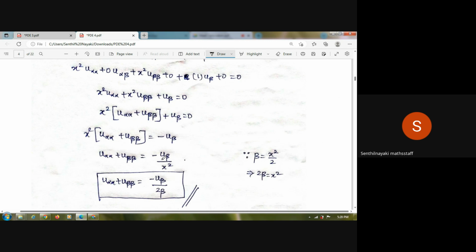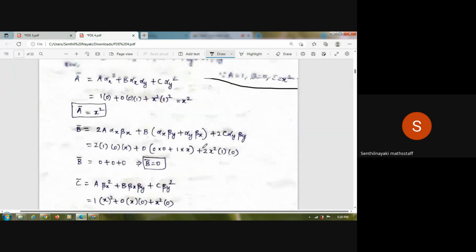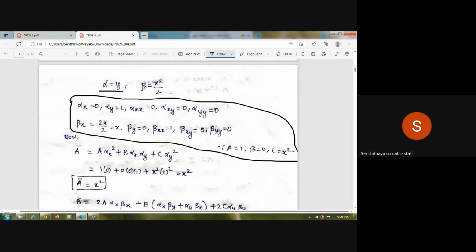So here most of the terms are in alpha and beta, but only one term is in x. So we have to convert this term also into alpha and beta. For this conversion we are using this relation, beta equals x square by 2. So x square equals 2 beta.